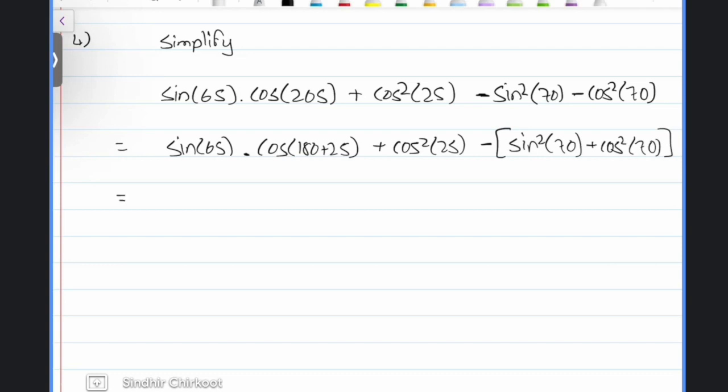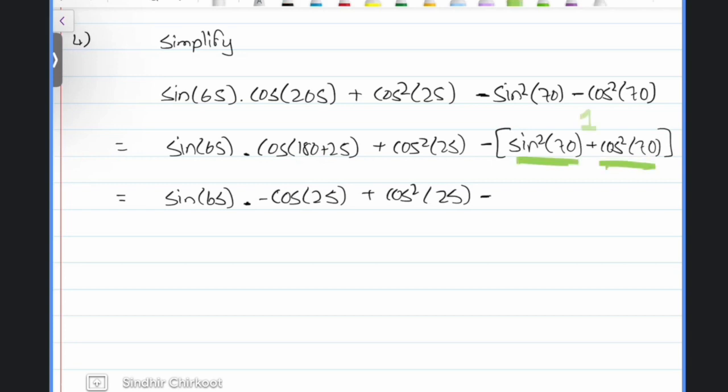Now I want you guys to know that, okay, this is still sine 65. Now 180 plus is the third quadrant. Obviously, my function is negative in that quadrant, so it's going to be times the minus cos 25 plus cos squared 25 minus, now we know, sine squared plus cos squared is essentially 1. So that's just times by that 1.